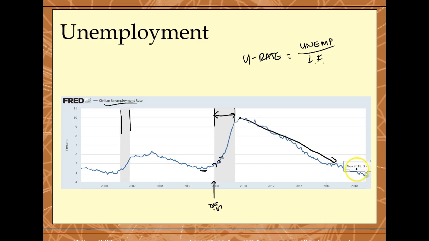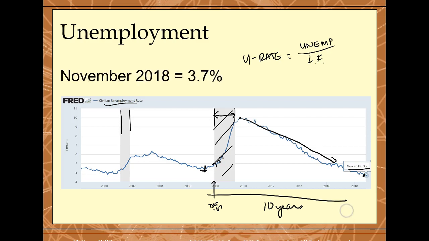Now currently we're at 3.7% unemployment, which is very low. But look how long it took to go from the previous low to this low. We're talking 10 years to recover from this recession. So that means this was a rather steep recession in terms of economic downturn, and it took a long time to recover.